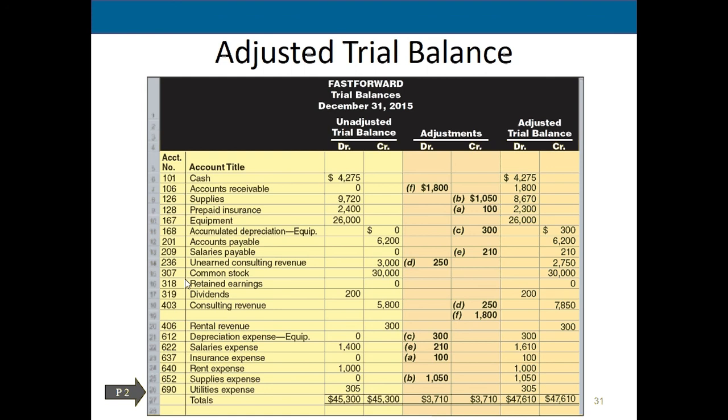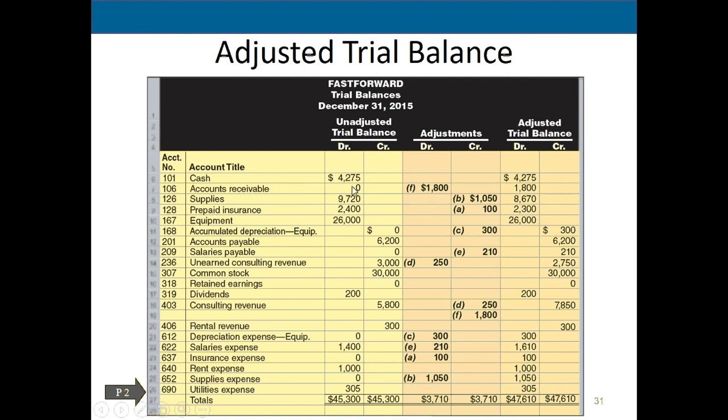But what we're going to do now is we're going to call this the adjusted trial balance because we're taking our original trial balance, the one that we did before. Now we're going to post debits and credits as adjustments to the accounts that are necessary. And then we're just going to come across and create our new adjusted trial balance. But look at what's happening here, right? There's nothing that changed in the cash account, so it still has a debit balance of $42.75.